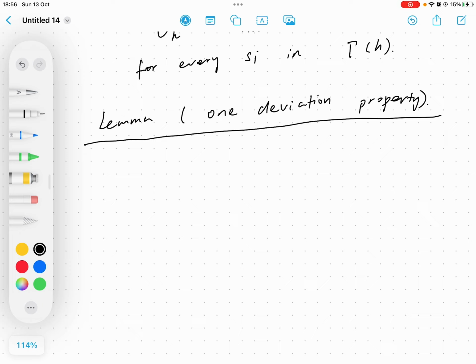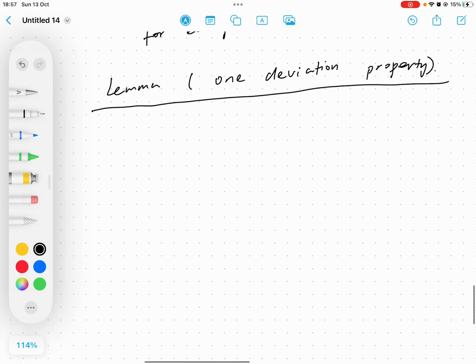Okay, so basically by checking, after each history, the first action that each player plays, we simply need to check the deviation to verify the subgame perfect equilibrium. Okay, and later we will have more intuitions of this result.